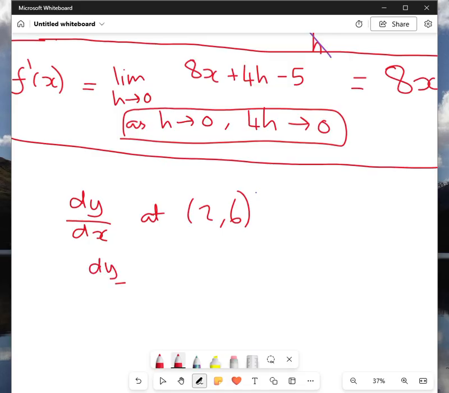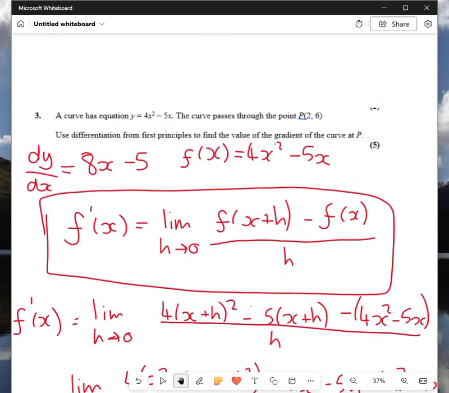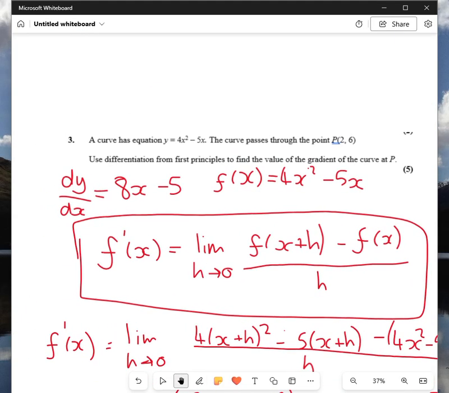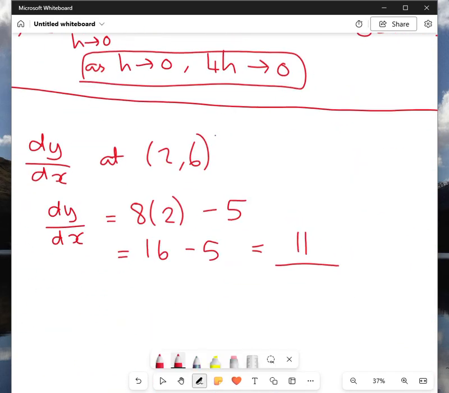We now know dy by dx is 8x minus 5, so 8 lots of 2 minus 5. 16 minus 5 gives us 11. Let's check we've actually answered our question: the value of the gradient on the curve at P, and if you want to be extra short, m is 11.